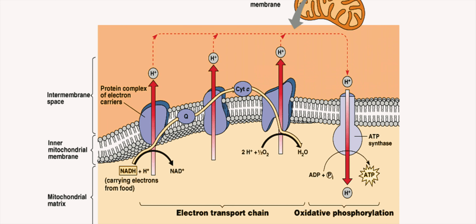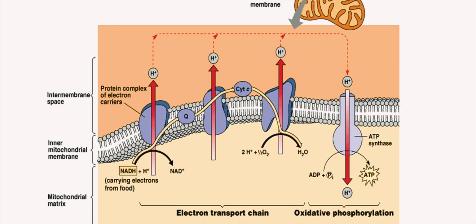Now, all that hydrogen that we've pumped through into the intermembranal space, it has to go somewhere. It's built up in concentration. There's now a huge concentration gradient between that space and what's on the other side of the membrane, which is the matrix. So that hydrogen is desperate to flow back down its concentration gradient. And it does that, but the only way out is through a particularly special protein called ATP synthase.